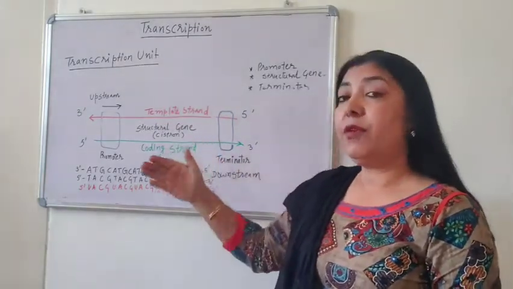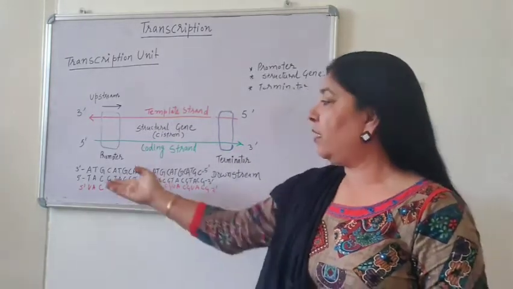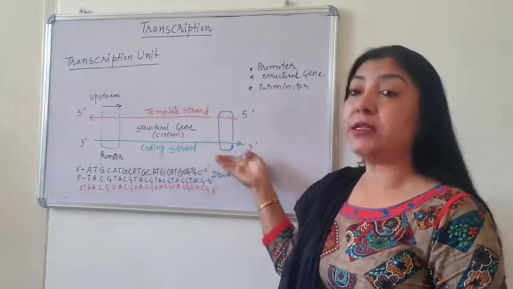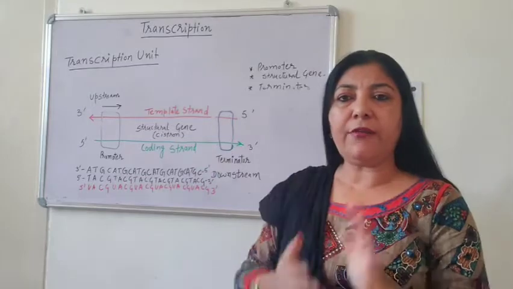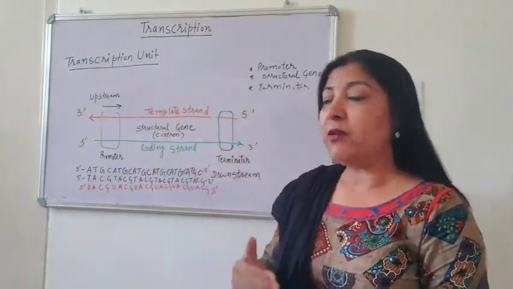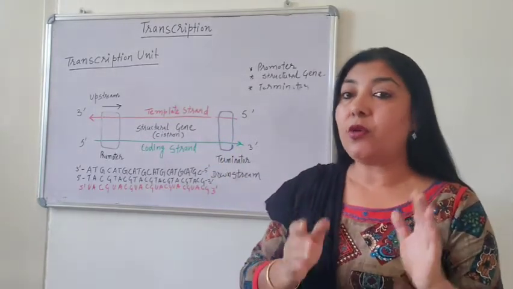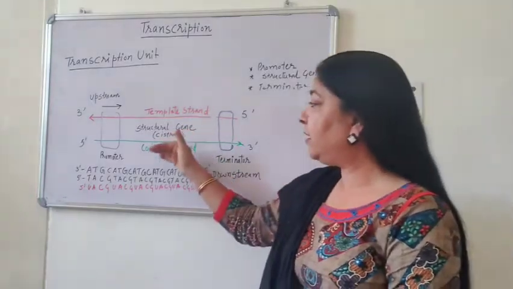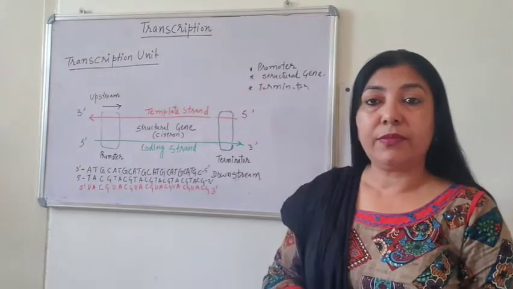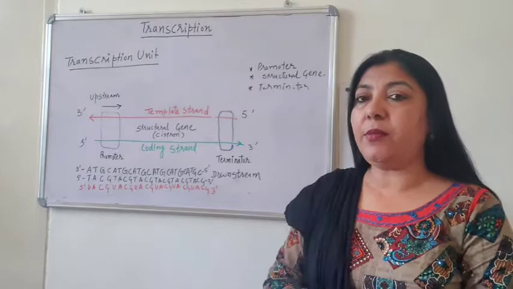The strand which is not undergoing transcription, but is just similar to the transcript produced, is called the coding strand. All the references on the transcription unit are made with reference to the coding strand. That's why the coding strand is also called the sense strand, and the template strand is called the antisense strand. Okay, keep it in mind.